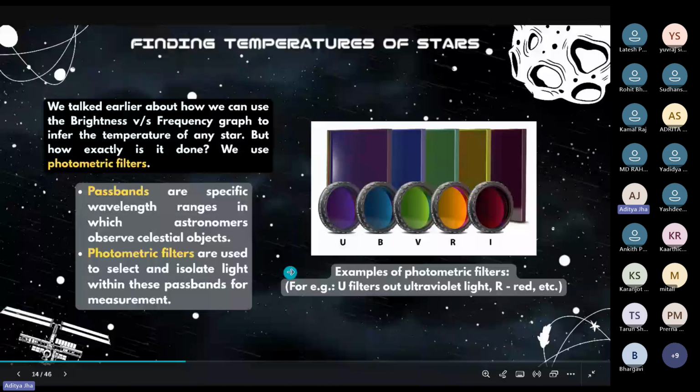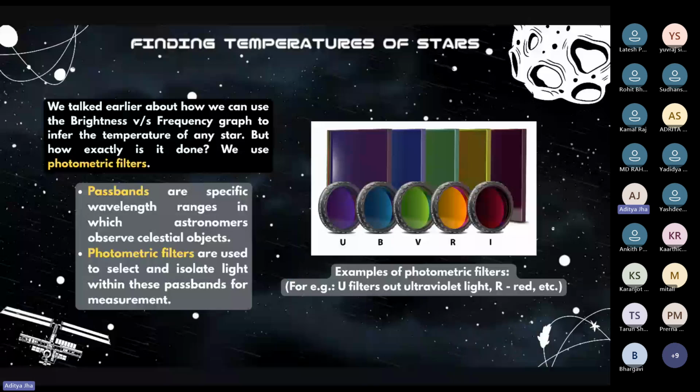Now, there's a way that we study these spectrums coming from source stars and all. So we use photometric filters to study these sources. What photometric filters do is they filter out pass bands, and pass bands are specific wavelength ranges in which astronomers observe celestial objects.